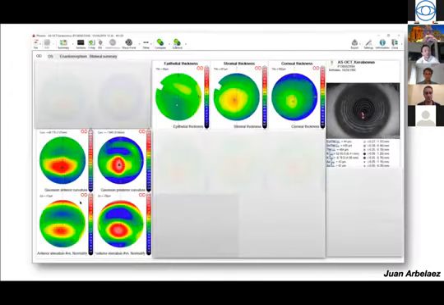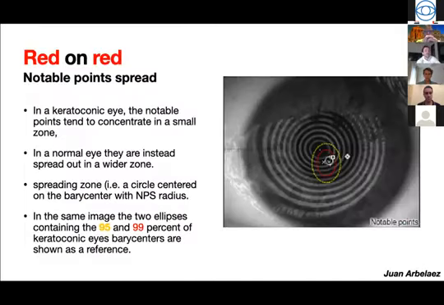It uses the Gaussian maps, then the anterior elevation versus the normality, the epithelial thinnest point, the stromal thinnest point, and the corneal thickness thinnest point, and puts them all together. In a keratoconic eye, the notable points tend to be very close together and concentrate in a very small area.